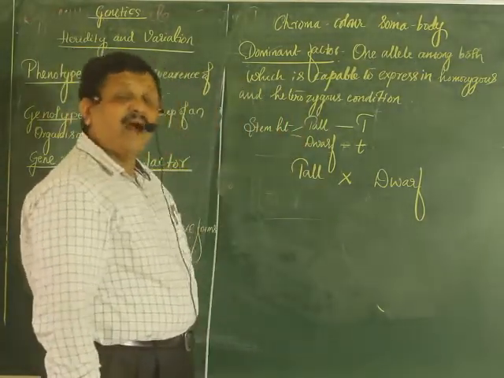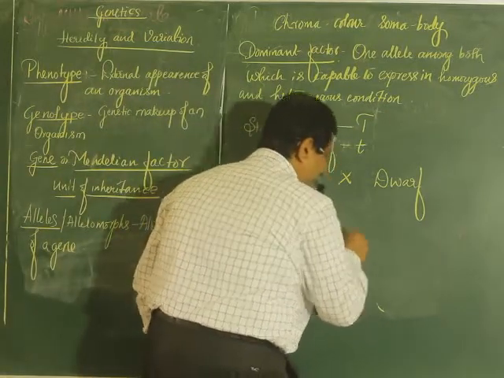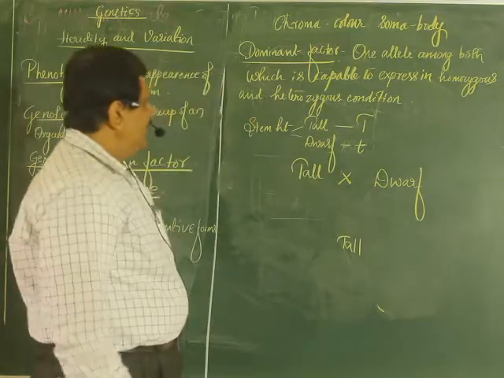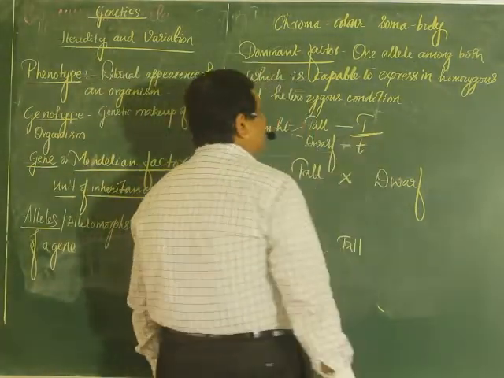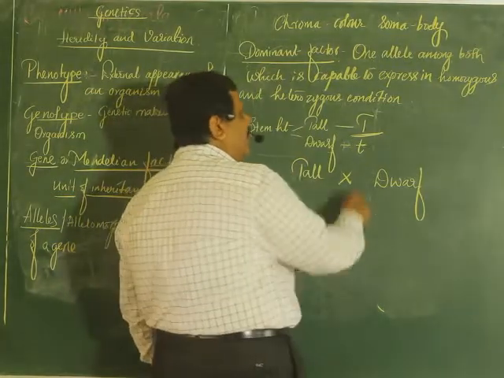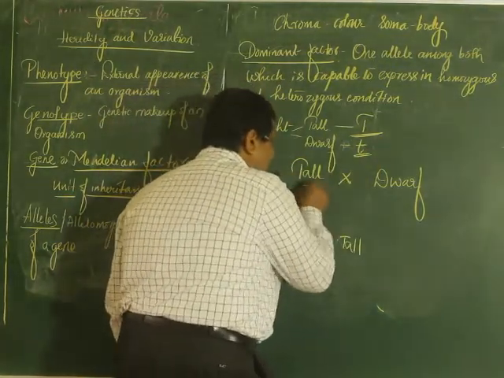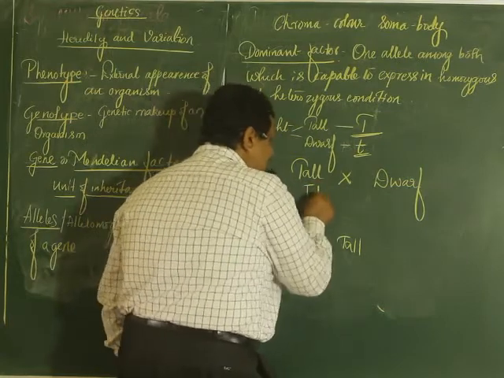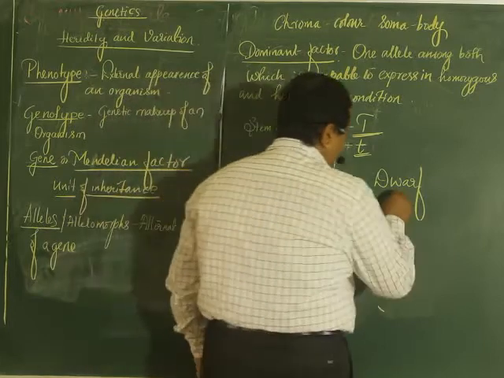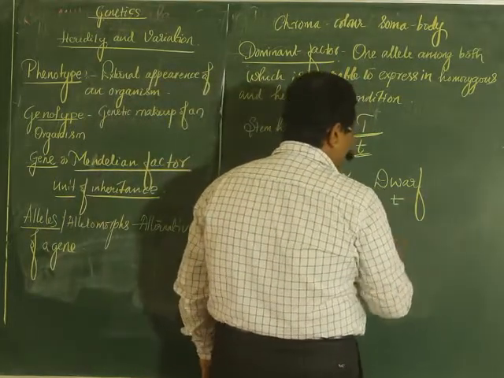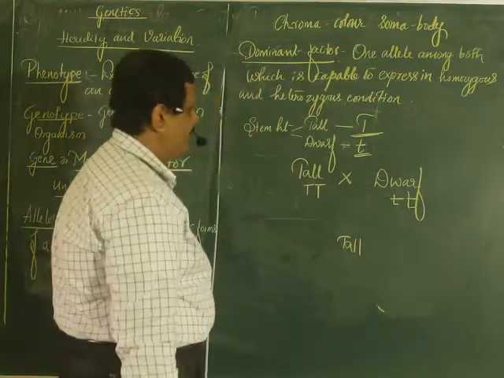But surprisingly, he observed a tall plant. Then he came to know that tall is dominant over dwarf. So he mentioned it as capital T from the father side, capital T from the mother side. Here small t from the father side, another small t from the mother side.